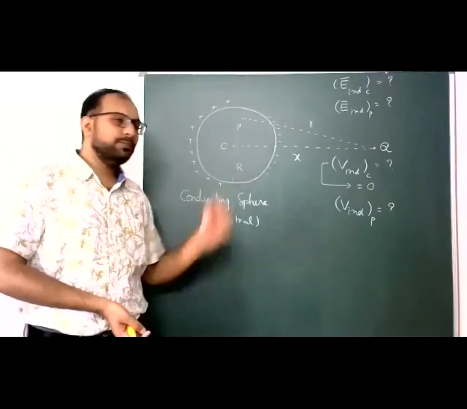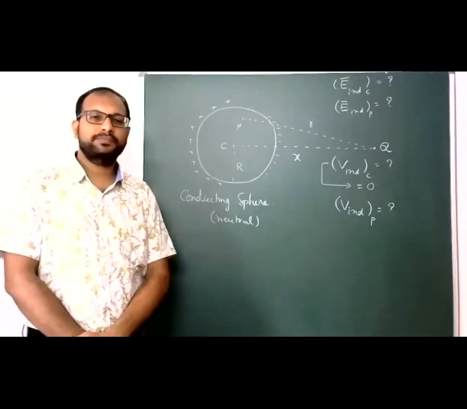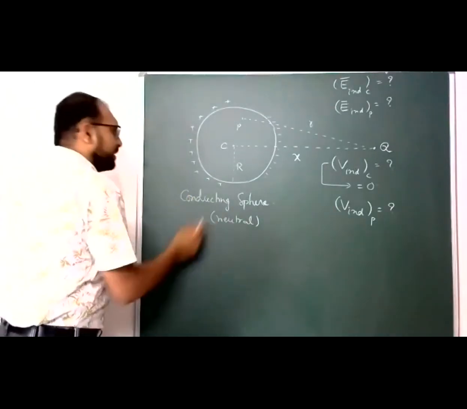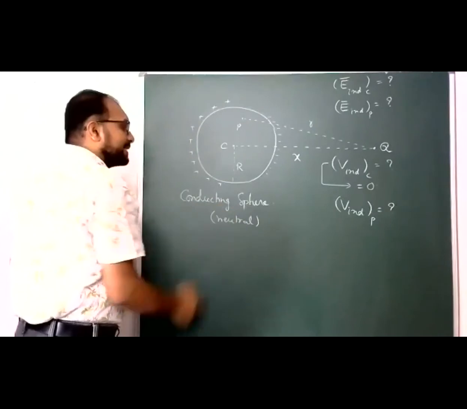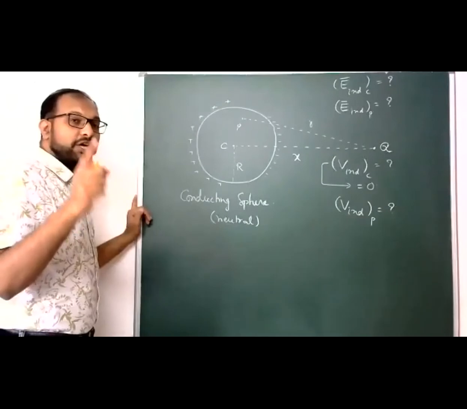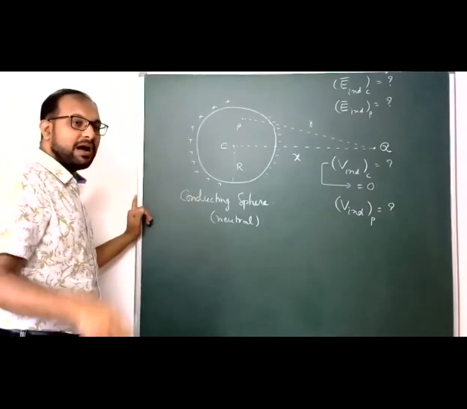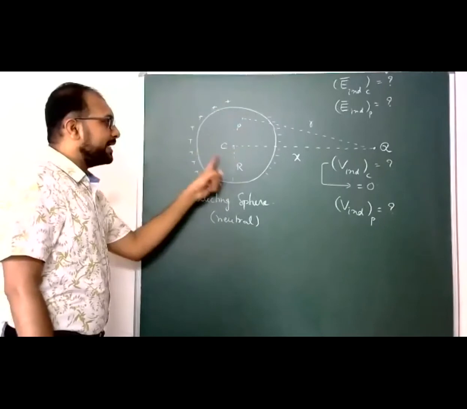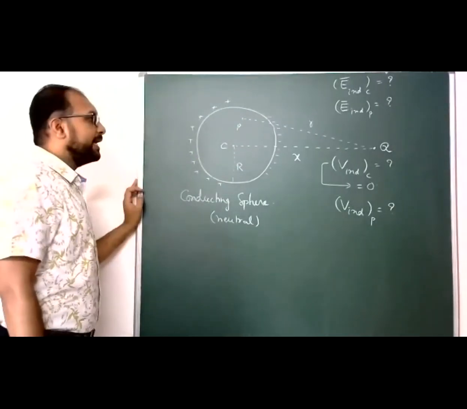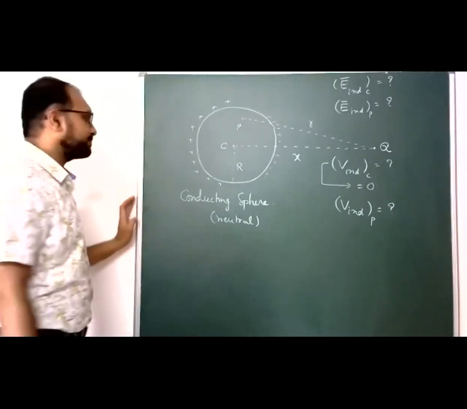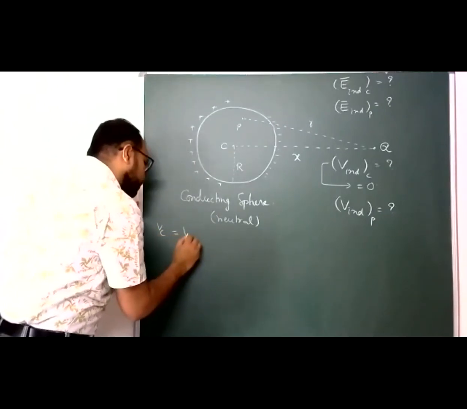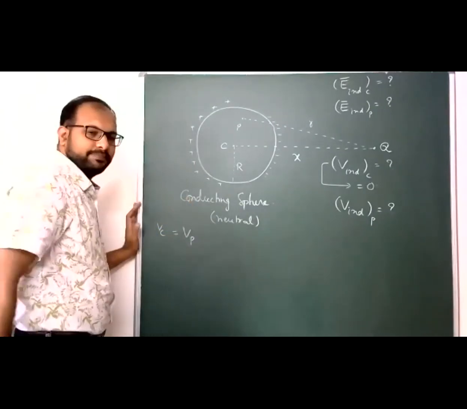That's why at point P the net potential is not zero, and we need to find it out. But here it is inside a conducting sphere, so electric field is zero, as already discussed. Zero electric field means potential is constant. This is a complete example of equipotential space, so potential at point C equals potential at point P.